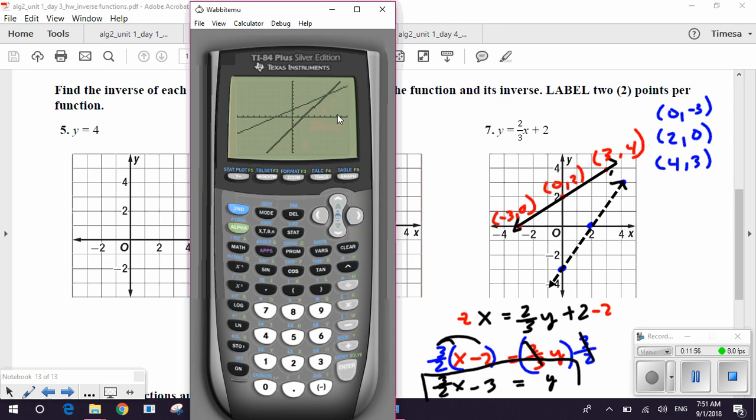So there's my thicker line or my dotted line. And if I pull up the table, you see 0, negative 3, you see 2, 0, and if you scroll down, you should see 4, 3, just to confirm. So 4, 3 for Y2, yes.